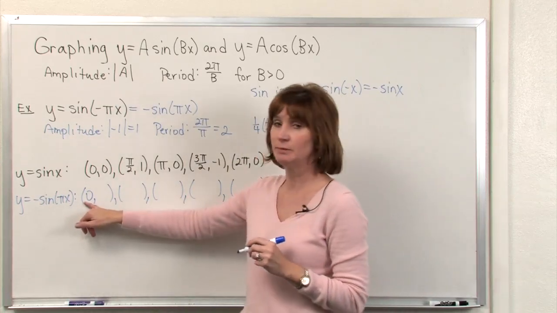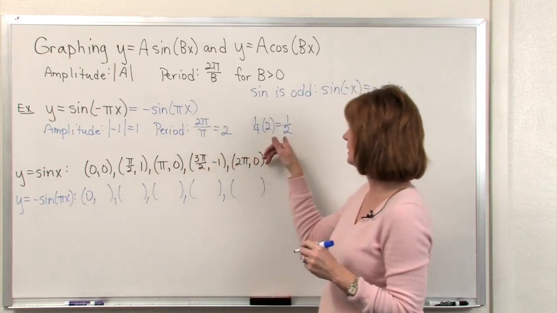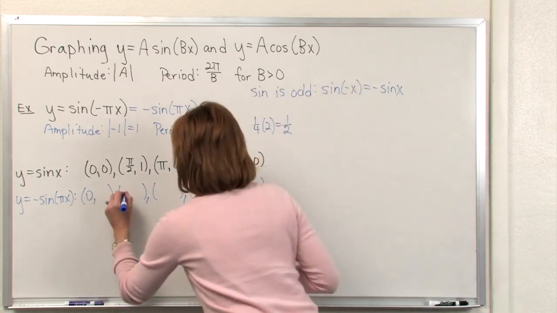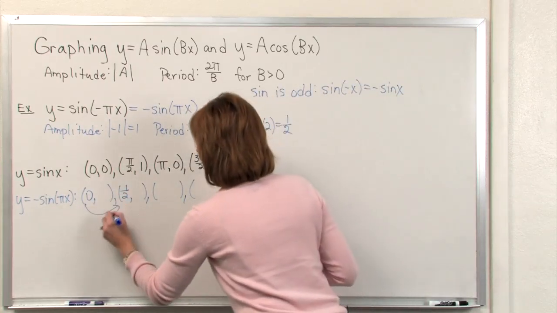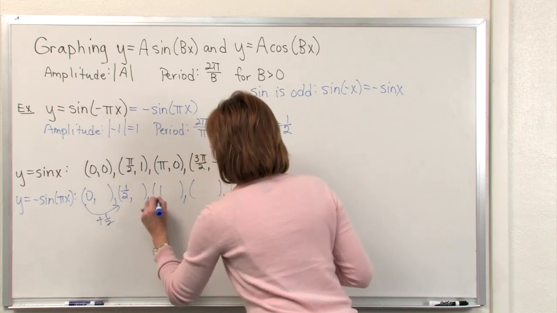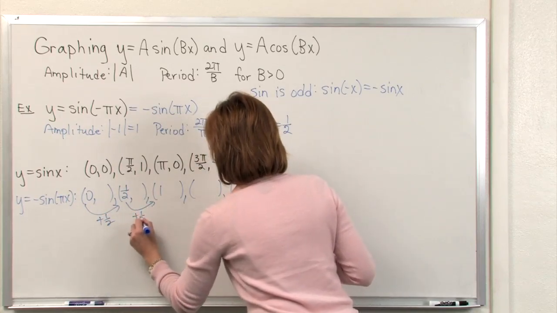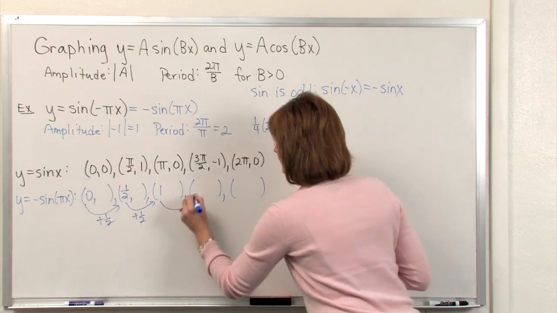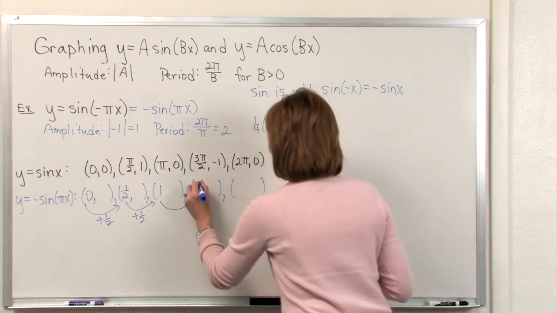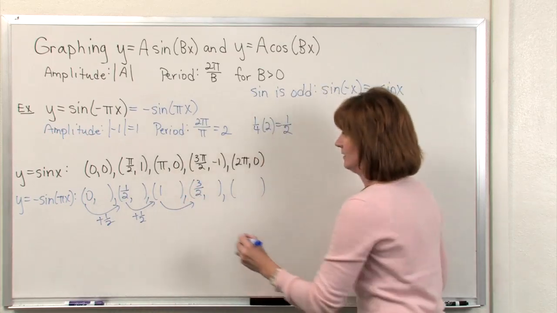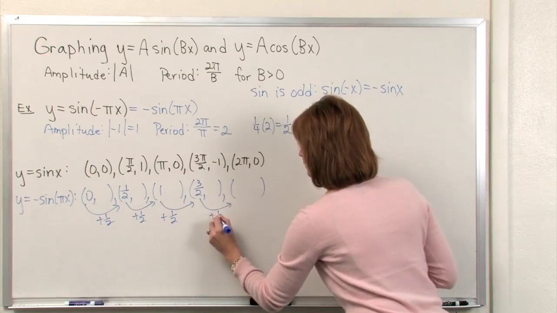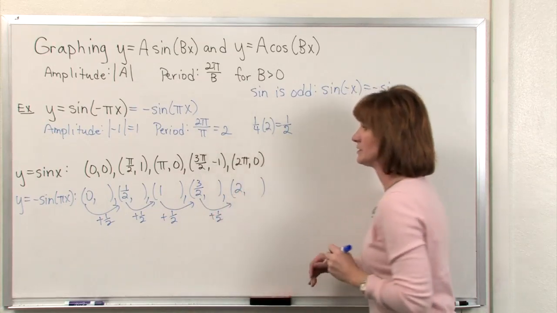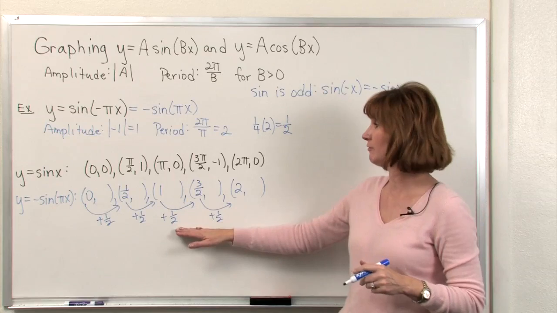So we want to add 1/2 to each of these x coordinates. So 0 plus a half is a half. 1/2 plus a half is 1. 1 plus a half is 3/2. And then 3/2 plus another half gives you 2. So that's our x coordinates for our quarter points.